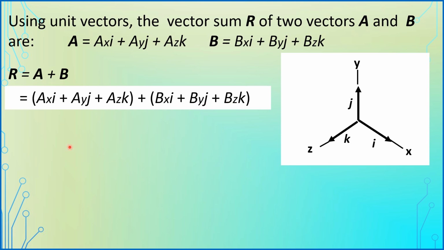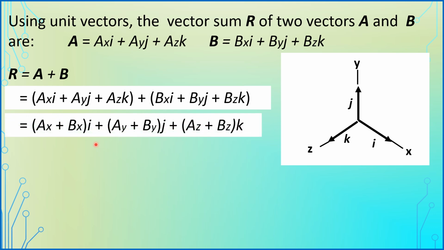And then we can also combine the components that are directed, for example, towards the x-axis. So we have ax plus bx, quantity, times unit vector i. And for the unit vector j, the two y components, a sub y plus b sub y, are added, and of course for the z components, az plus bz, to be multiplied by unit vector k.